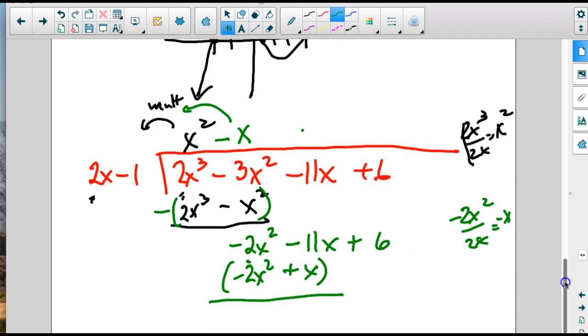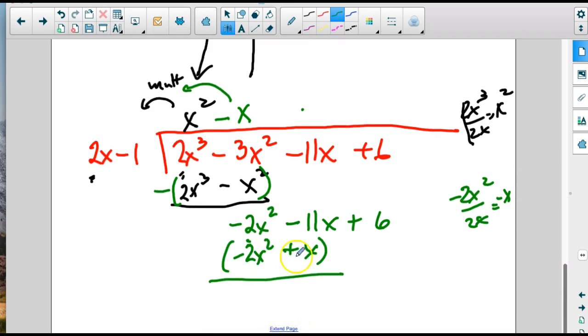Now this is going to drop out. This is changed to minus. We're going to subtract, so this is minus 12x plus 6. We divide that minus 12x by the first one here, 2x, and we're going to get -6.